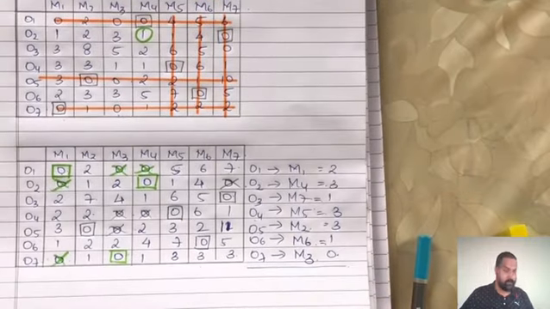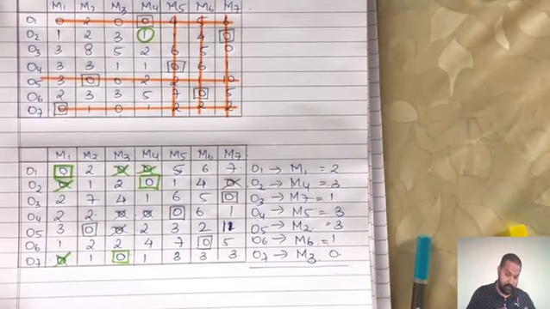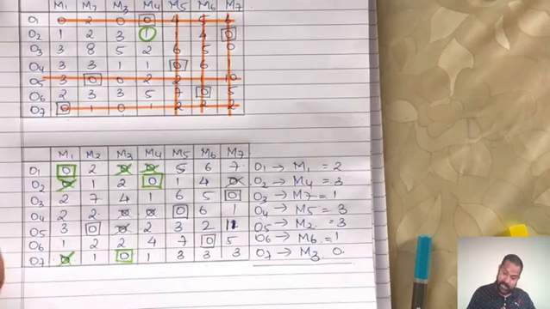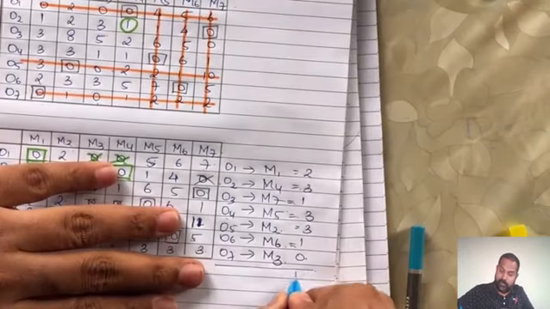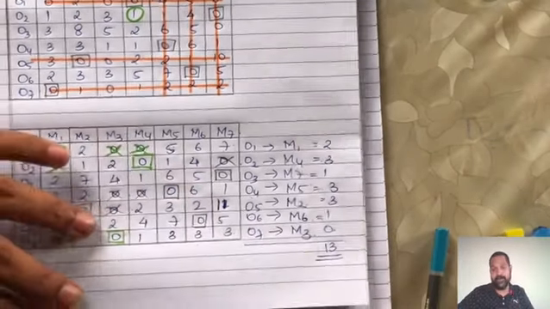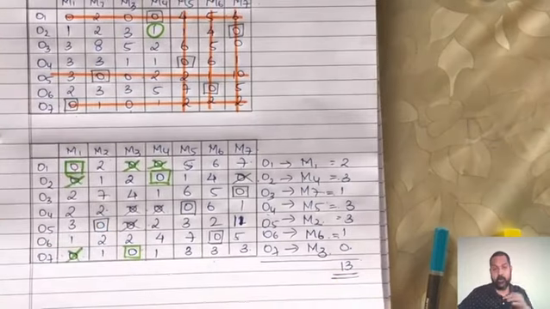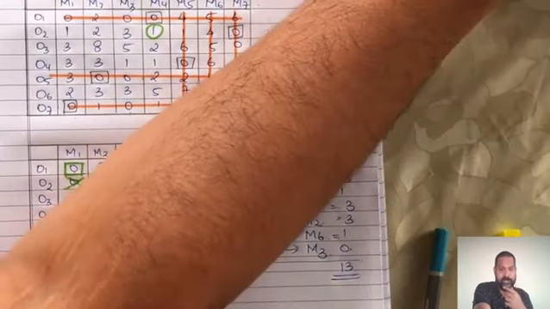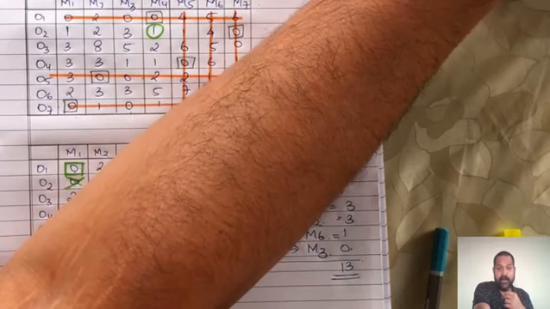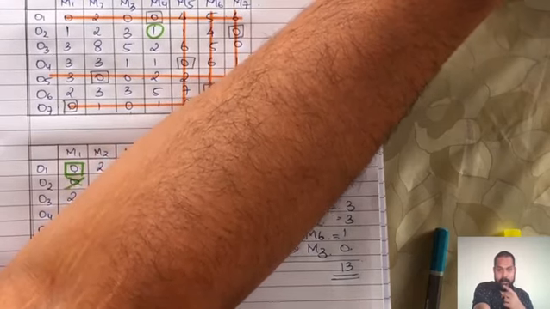What is the total? Well, the total is 2 plus 3 plus 1 plus 3 plus 3 plus 1 plus 0, which is a total of 13. What do you realize? You got a total of minimum 13 when you had the new machine.